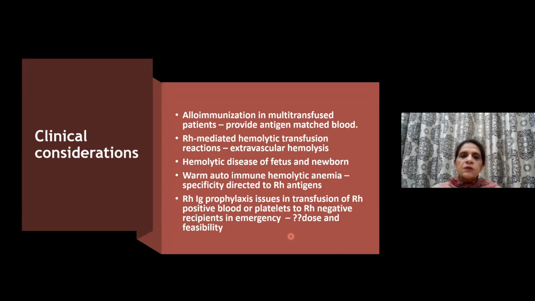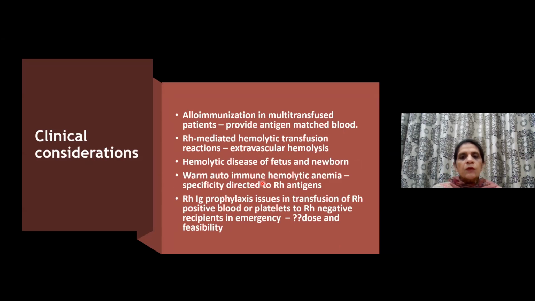The clinical considerations of the Rh blood group system are separate topics by themselves. We have alloimmunization as a known problem with the Rh blood group system in multi-transfused patients, and once it is detected, it is important to provide antigen matched blood. Rh-mediated hemolytic transfusion reactions can also occur, which can lead to extravascular hemolysis. Hemolytic disease of the fetus and newborn is a well-known entity with Rh blood group system antigens.